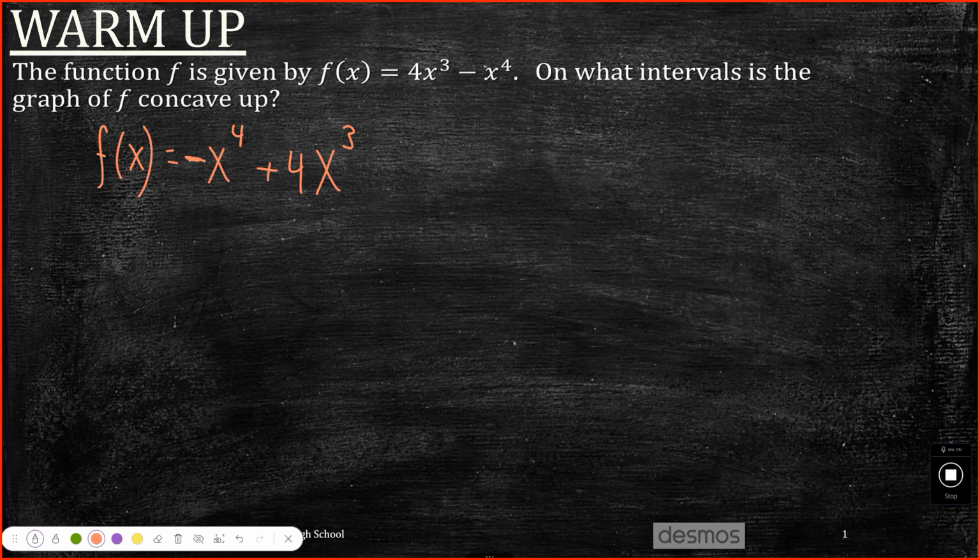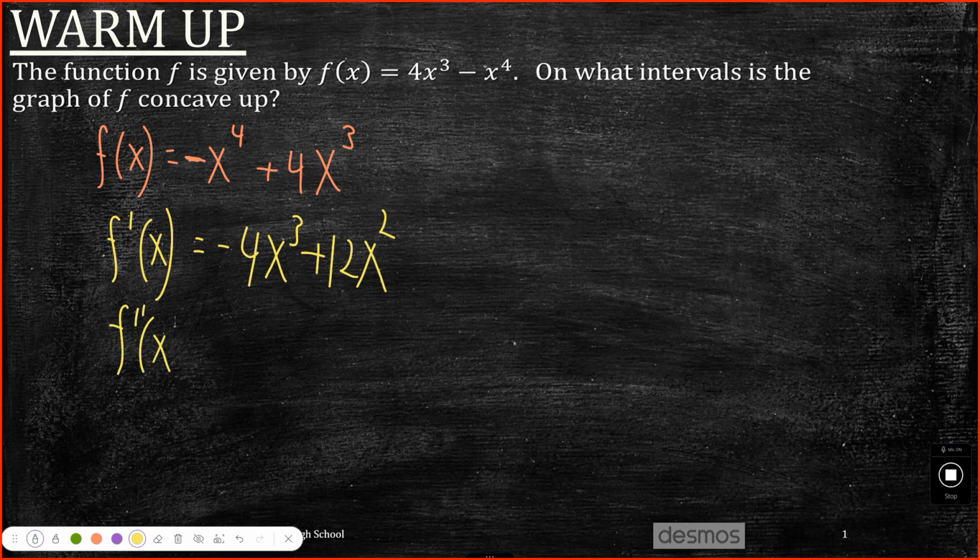What do we need to do? Go all the way to the second derivative so you can find the critical points, to find an inflection point maybe. So let's take the derivative: f prime of x is equal to negative 4x to the third plus 12x squared.